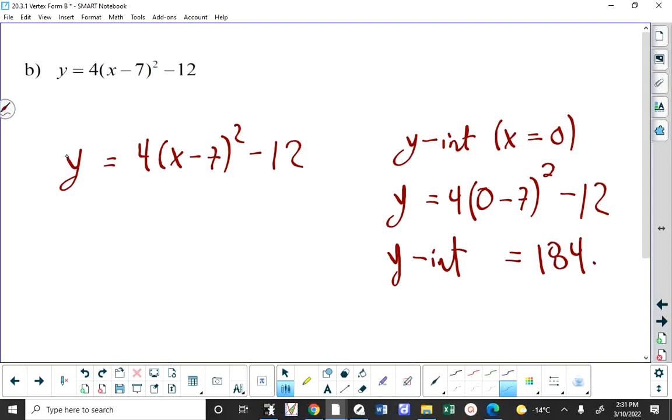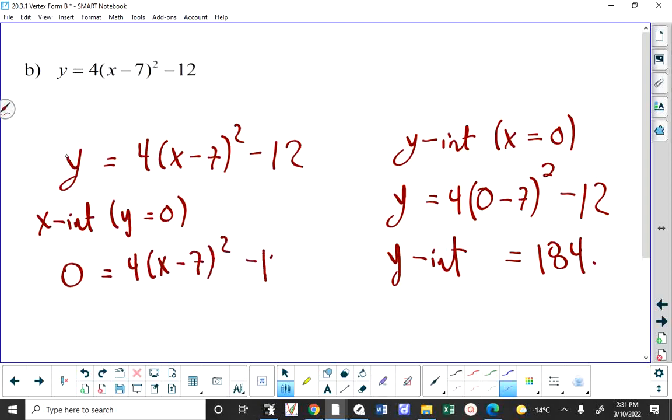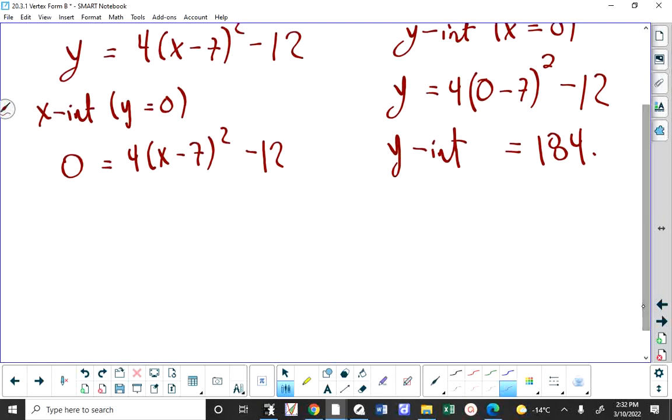The x-intercepts are found by letting y equal 0. So I have 0 equals 4 times x minus 7 squared minus 12. I guess the first thing I need to do is add the 12 to both sides. I need to move the 12 over, to get 12 equals 4 multiplied by x minus 7 quantity squared.